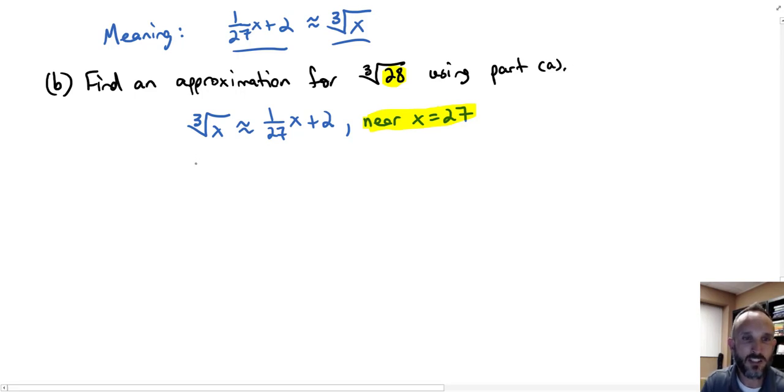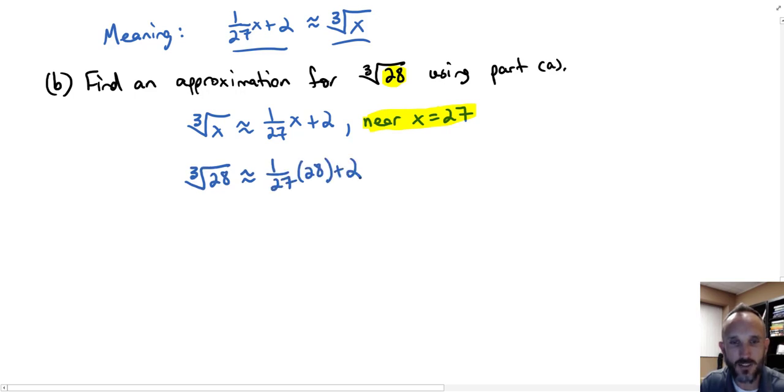And so using this approximation, we can say, all right, let's plug in 28 for x, which on the left side gives us the cube root of 28. That is approximately equal to 1/27 times 28 plus 2. And we don't need a calculator for this.